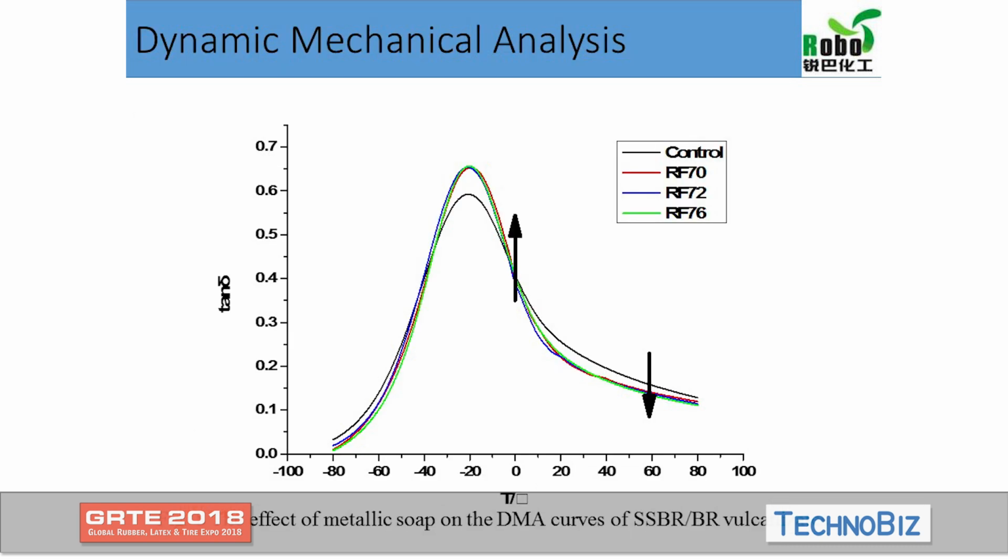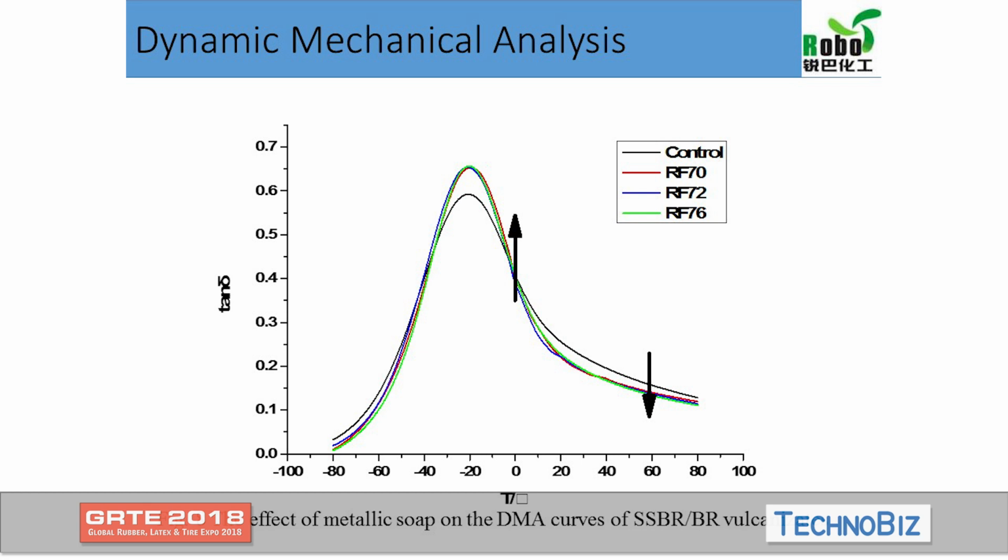Lastly, we look at the dynamic mechanical properties. We know that the hysteresis of tire compound is usually characterized by loss factor tan delta. It is well known that hysteresis at high temperature shows good correlation with rolling resistance of tire.